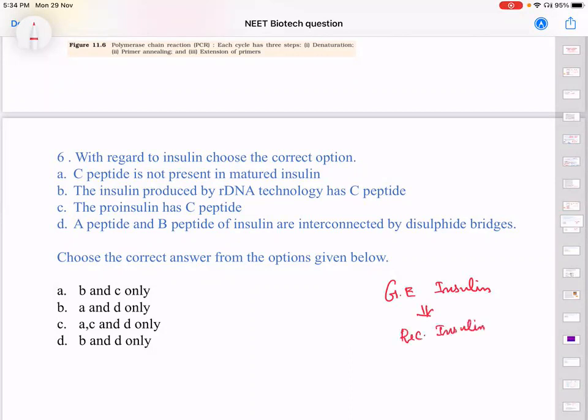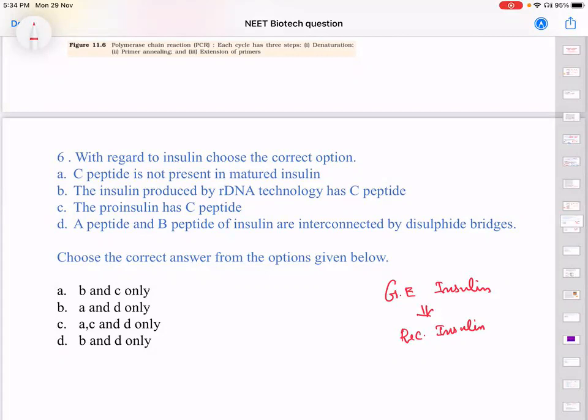Why do we use recombinant insulin? What is recombinant insulin? Recombinant insulin is human insulin produced through rDNA technology, that is, using biotechnology.